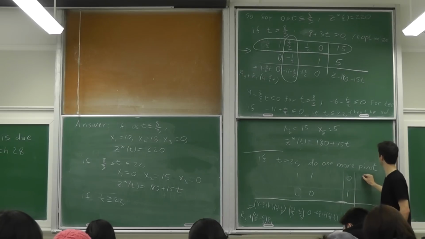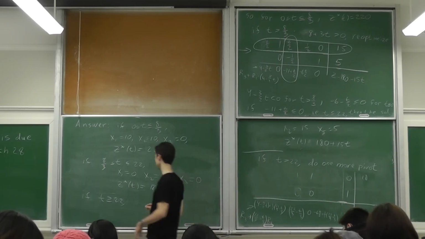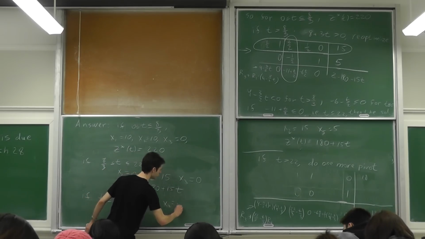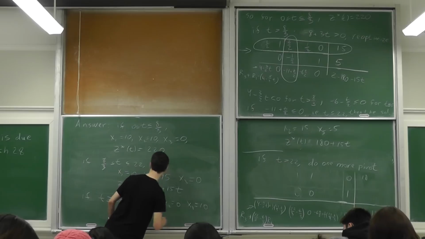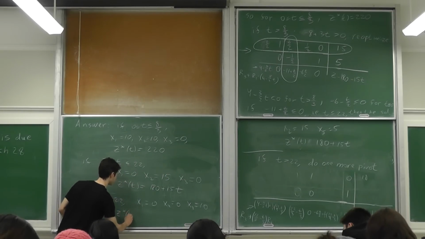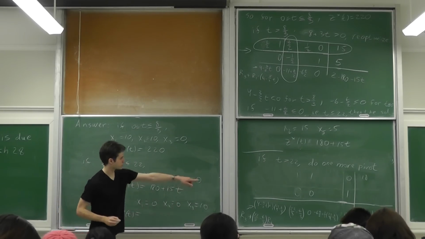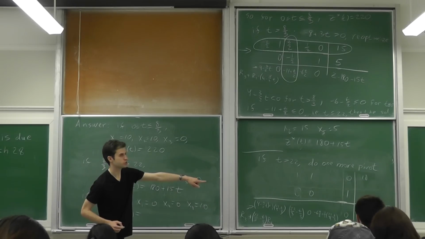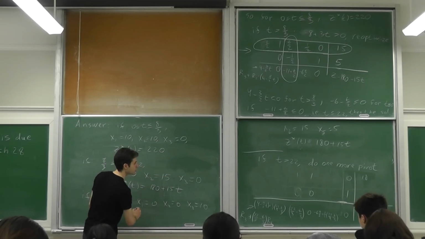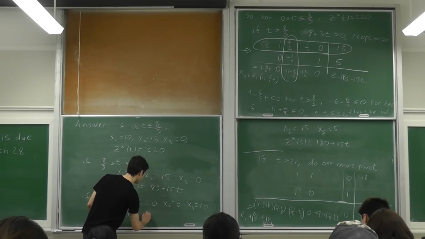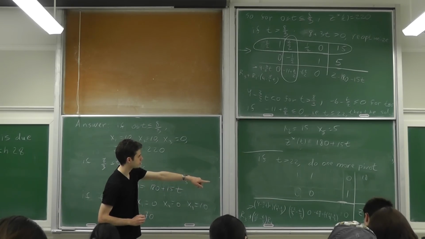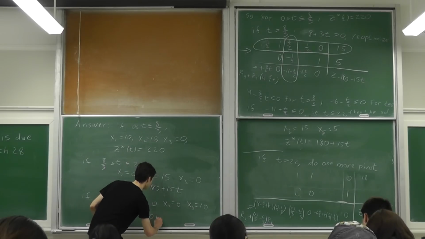So our solution is x1 is 0, x2 is 0, x3 is 10, and our objective function is what we get is then this, so minus 180, 15, 5 times 10 to 110, 70, minus 15t, and minus another 5t plus 20t.